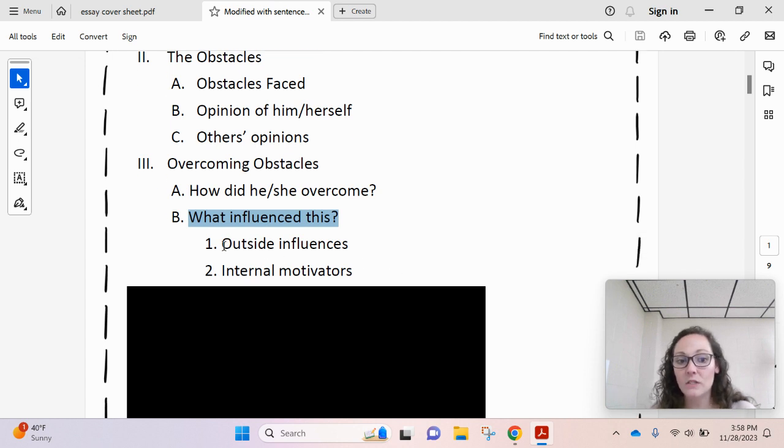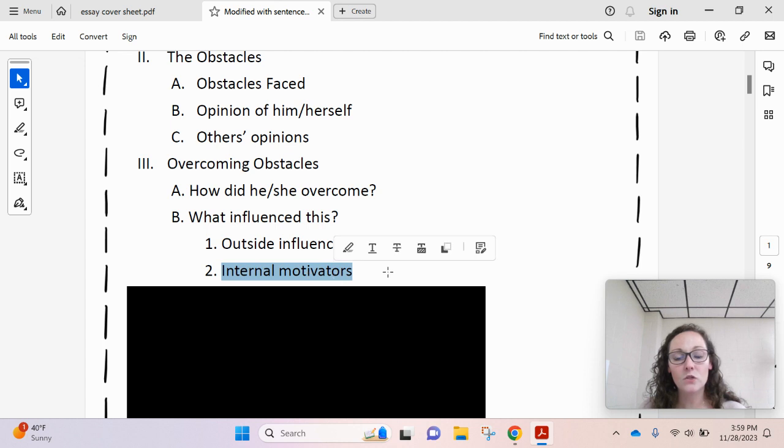Such as outside influences, this may be other people, or maybe they did their own research. I guess own research is going to be internal. So, outside influences are going to be people outside of themselves that helped them overcome the obstacle. The second part where it says internal motivators, it's the person themselves wanting to overcome the obstacle.